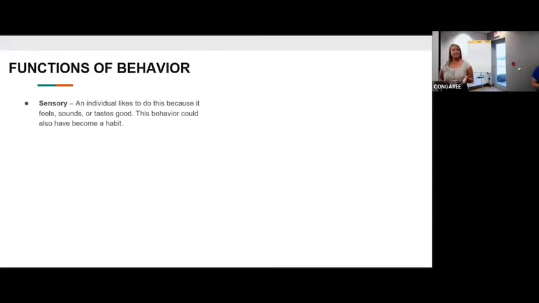It's just a habit that I formed that is probably sometimes disruptive, but it has no other function other than it's sensory. So you might be starting to think about some behaviors that you might see with some of your students and adults that you work with, that some of their behavior might be occurring for sensory reasons.